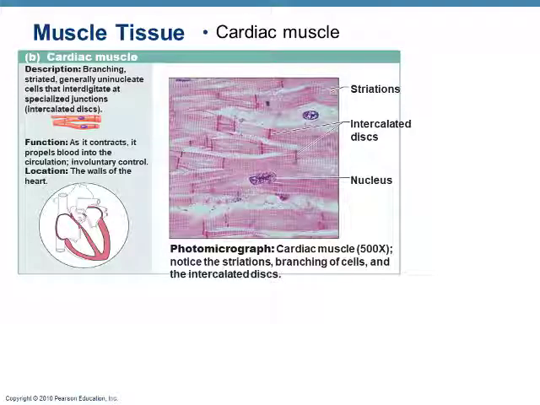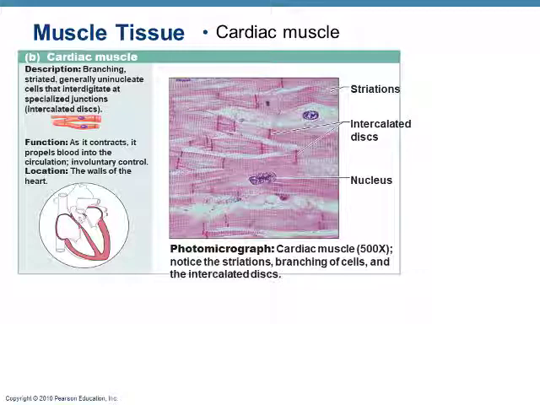Cardiac muscle. Cardiac muscle fibers are also cylindrical. So cardiac muscle fibers are also cylindrical shaped fibers like this. Now they also have striations, but striations are kind of faded.